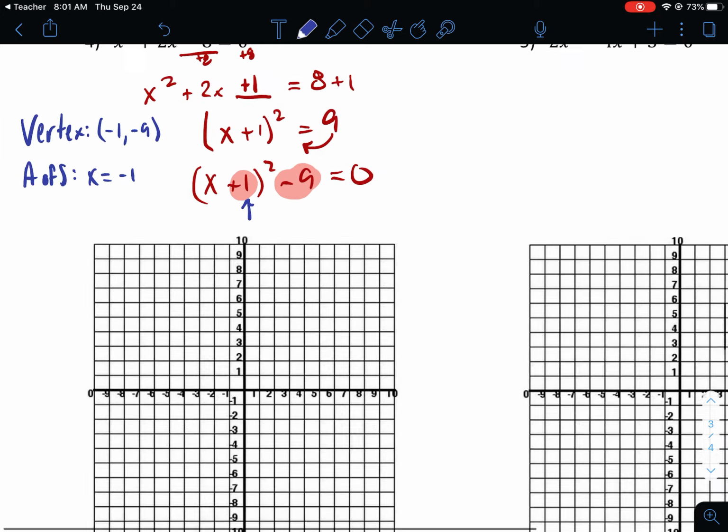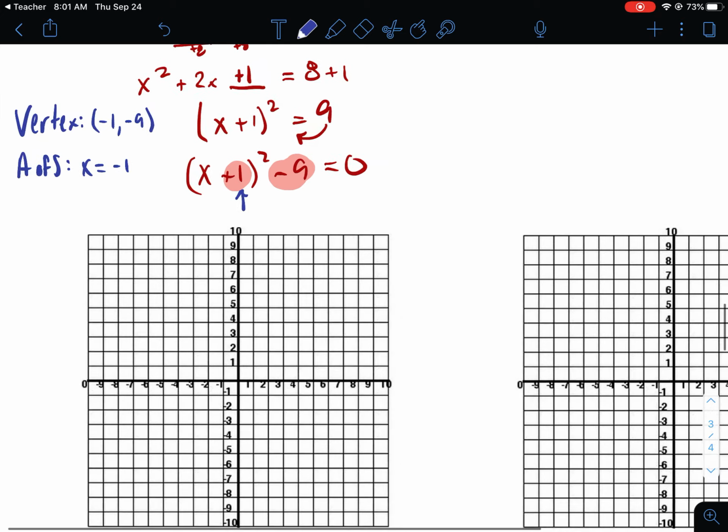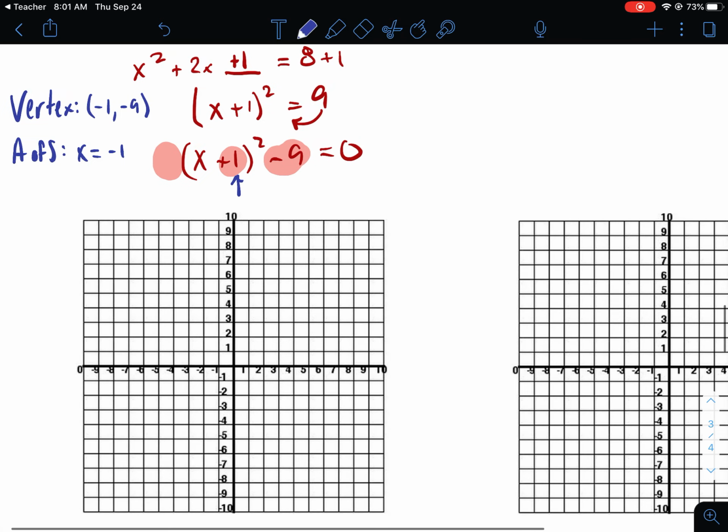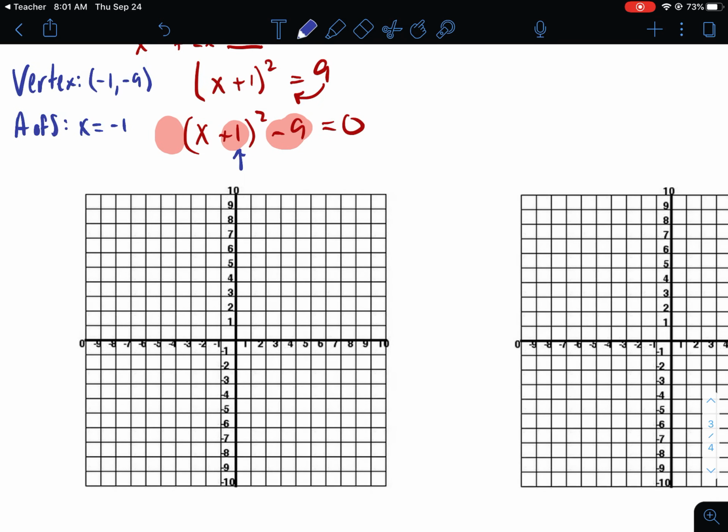And then we want to find another point. Now our A, since there's nothing out here for A, we know that our A is 1. We know it's going to face up. We know it's going to be normal size, right? So we can start with our vertex at -1, -9, way down here, okay?